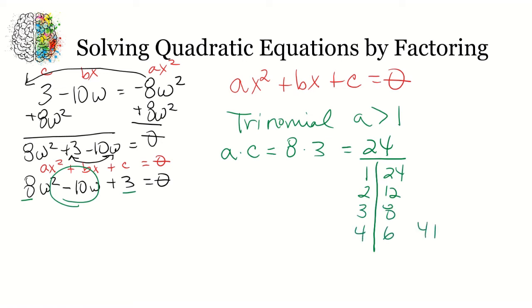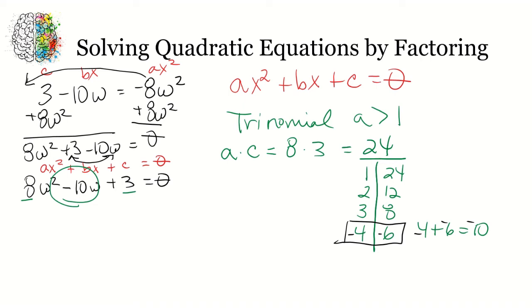I know that 4 plus 6 equals 10, so that is going to be my set of factors. Now in my problem, I have a negative B and a positive C. So that tells me if I make both of those negative, negative times a negative is going to give me a positive 24. And when I add two negatives together, that's going to give me a negative.